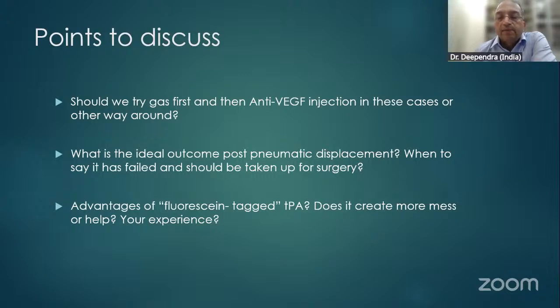When we were doing a lot of FFAs, we used to ask patients not to go for blood testing for the next 48 to 72 hours because it can interfere with your blood testing. Those days it was typical: a PDR patient comes, you do FA and write investigations, and they go the next day, and their results would be flawed. So I'm not sure whether fluorescein interacts with TPA.